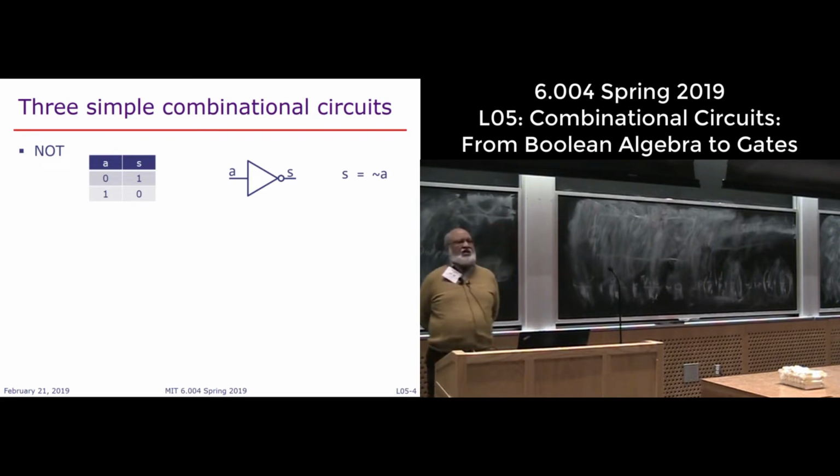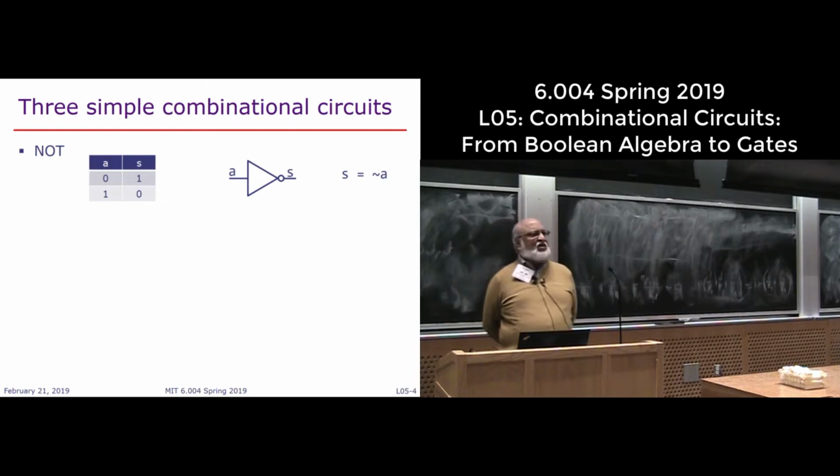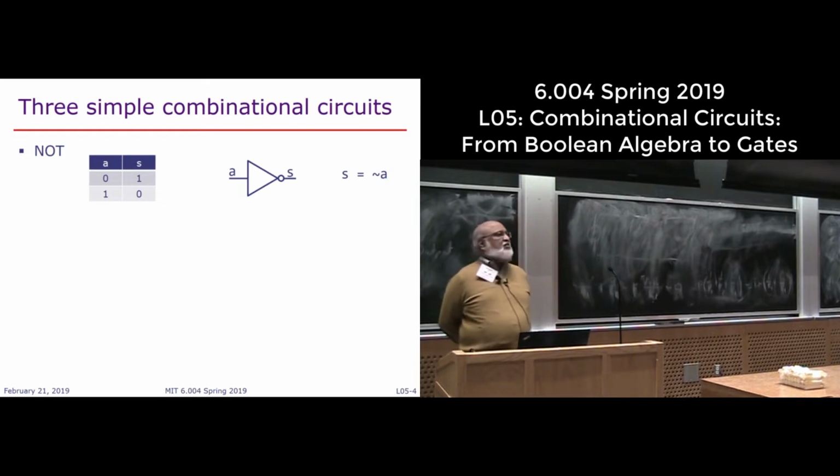Okay, so let's start with something which you may have already seen in your recitations, but if you have not, it's very straightforward. There's a truth table here which describes the function of NOT, or an inverter, right? You give it a 0, it produces a 1. You give it a 1, it produces a 0.